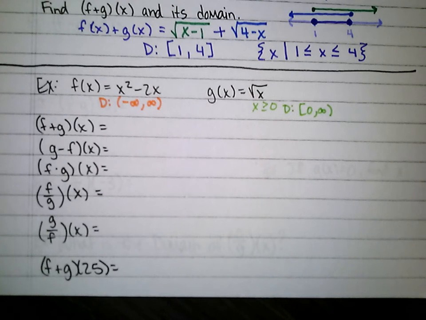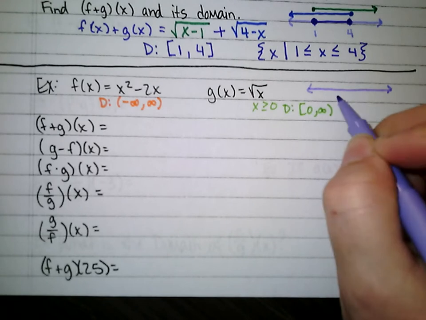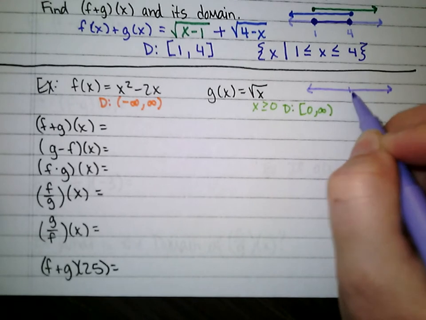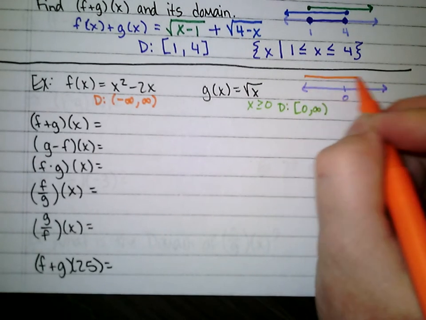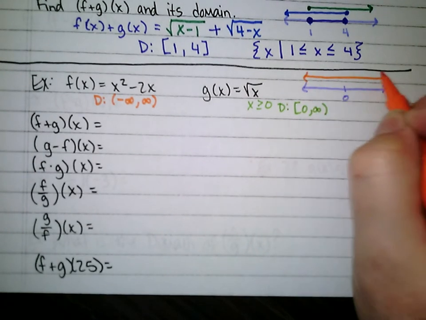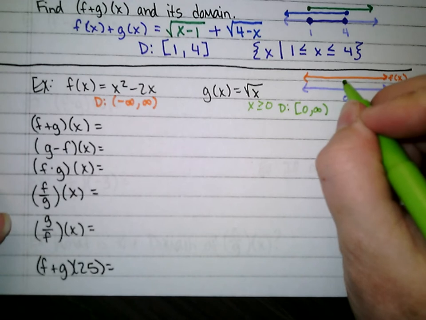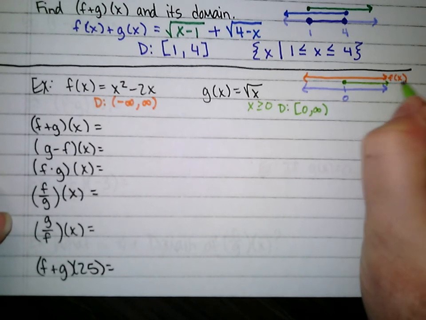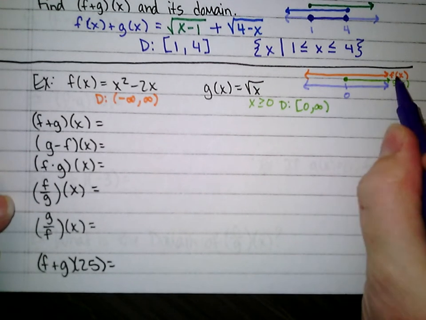If we look at just the overlap of those two domains, let's see, 0 is the only important number in there. The f of x function is allowed to go anywhere. The g of x function is only allowed to go 0 to infinity. So any functions that we combine together can only go from 0 to infinity.